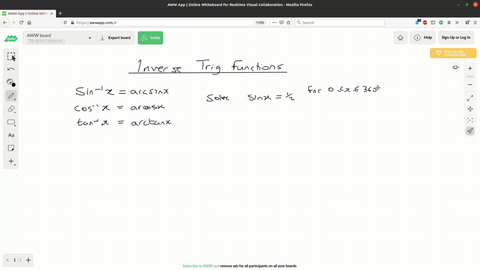Well, when we solve that, our calculator only gives us one of the answers, doesn't it? And the reason our calculator only gives us one of the answers when we arcsine a half, and that's what we're doing, we're taking the inverse sine of a half, is because the calculator understands that inverse sine is a one-to-one function, even though sine x is a many-to-one function.